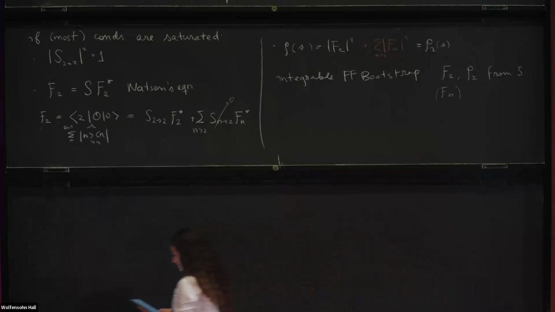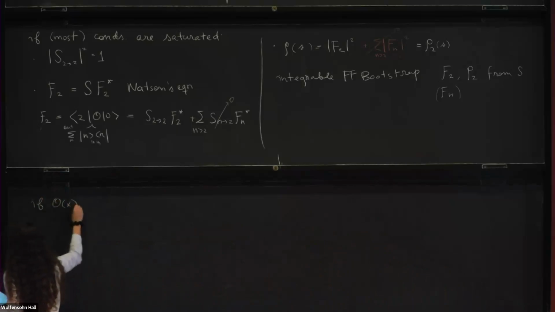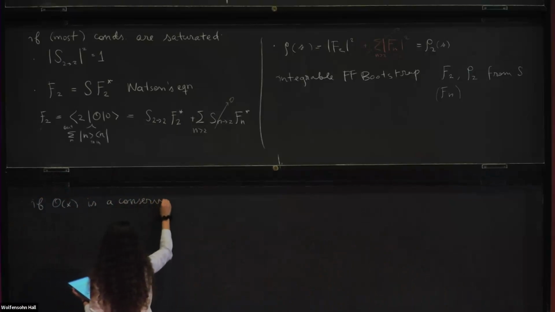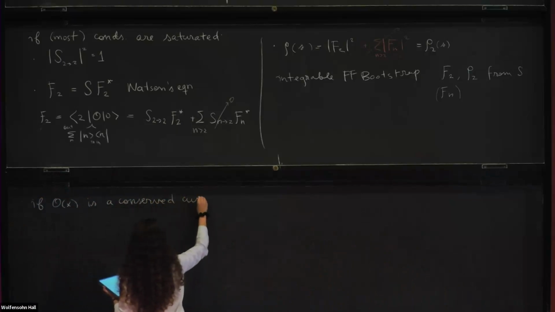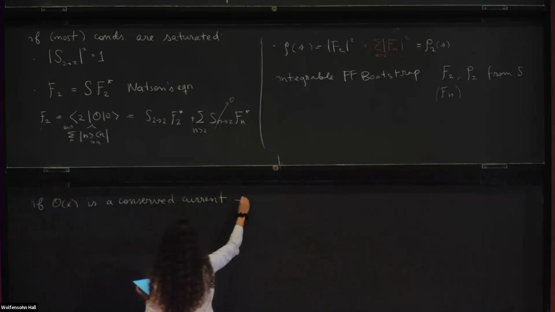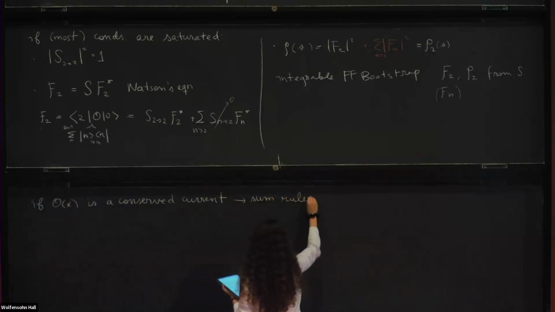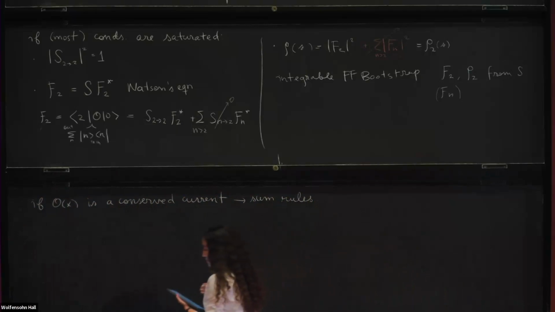So for instance, well, if O is a conserved current, then we have some rules that we can use to bound given parameters.